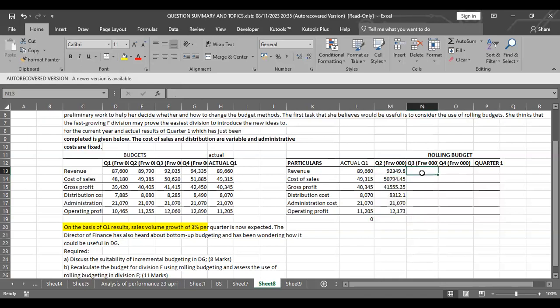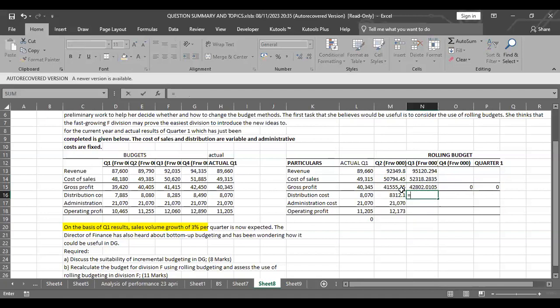Like the next one, again subjected to the growth, which is 1 plus 0.03, and you factor it in and move on like that. Similarly, that applies to the rest of the others: this figure here will be multiplied by 1 plus 0.03, and you close that. So here, others will be just calculated like that.